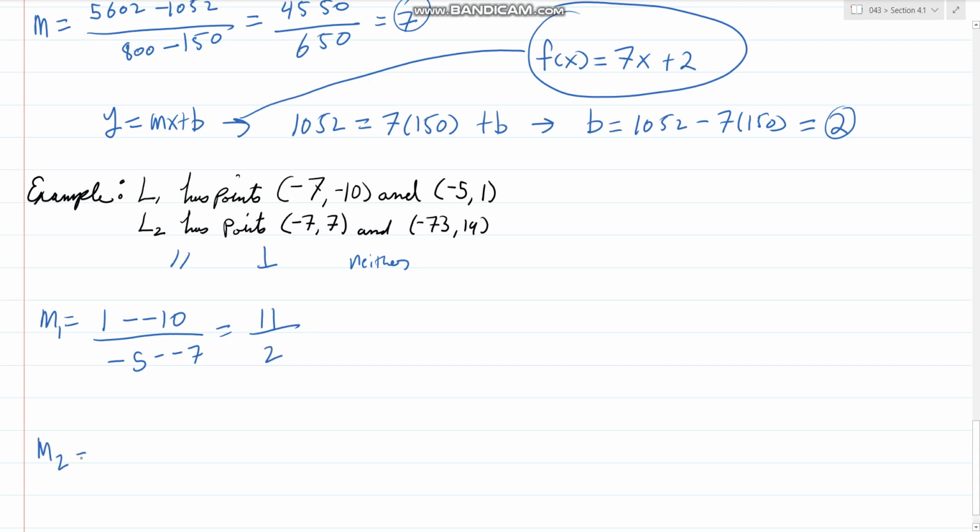For the second slope there, I would have 19 minus 7 over negative 73 minus negative 7. Well, that's going to be 12, and then that's going to be negative 73 plus 7.